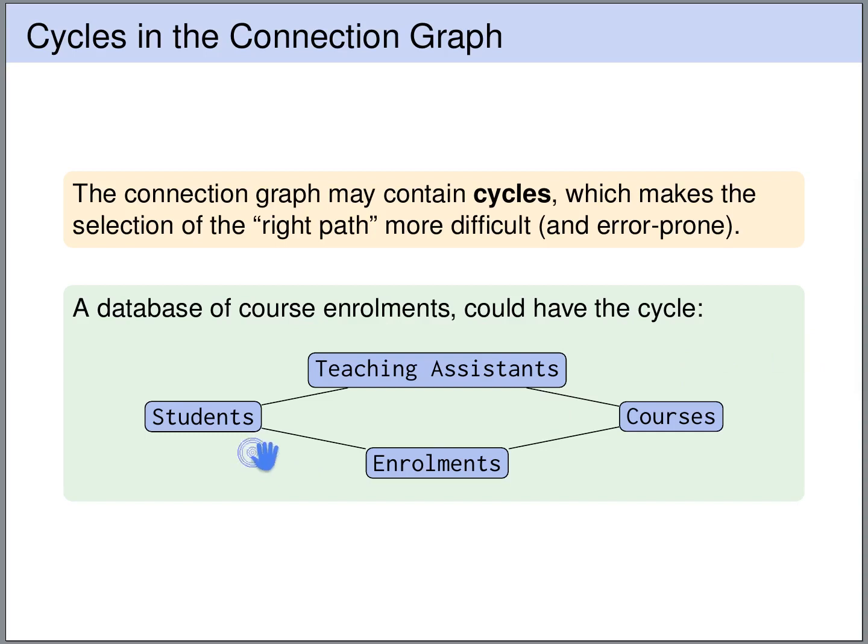So we have students and we have courses, and we have enrollments which link the students with the courses. But we also have teaching assistants in this database that also establish a connection between the students and the courses. So in the presence of cycles, we really have to think about which path it is that we want to choose. And this of course depends on what output you want from your query.